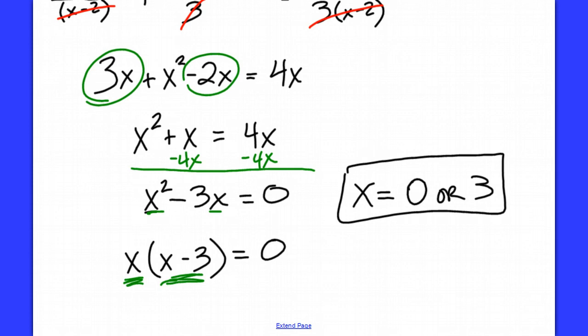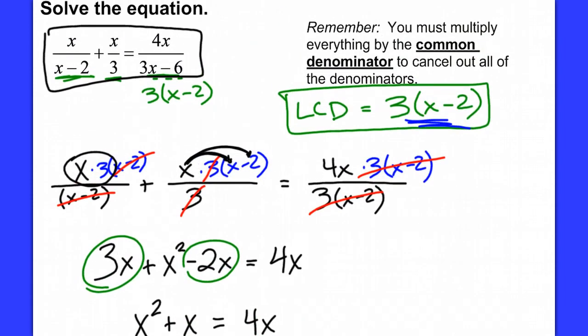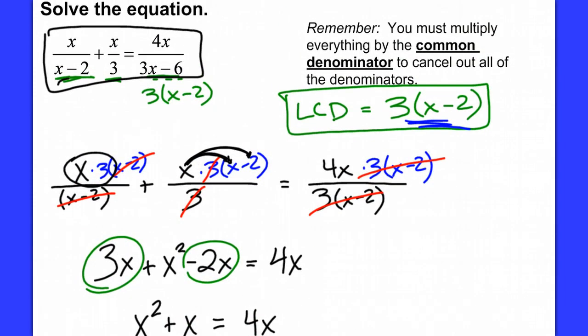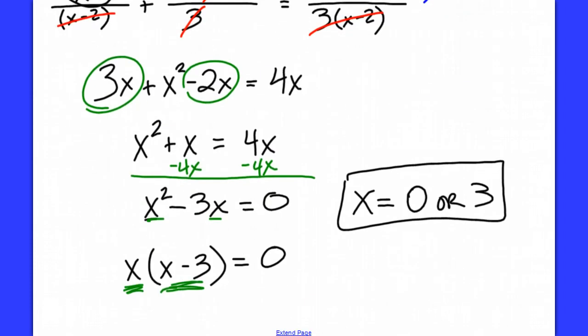And of course, the last step, and you don't want to forget to do this, is to check our answers. We want to make sure that we don't get any undefined terms, meaning we don't get any denominators equal to 0. So I've got x is 0. Let's test that one out. If we look at x equals 0 in the denominators up here, it does not make any of these denominators 0. So that would be okay. And then we test the 3.